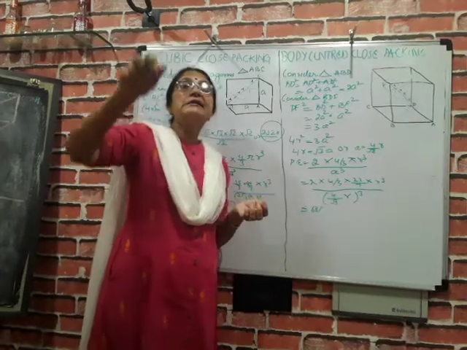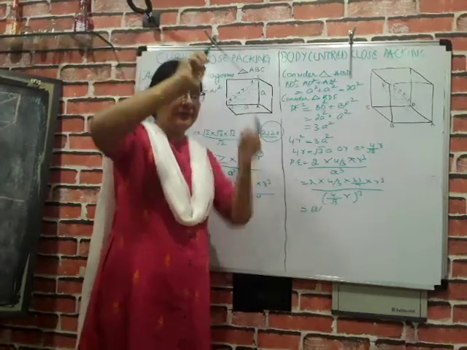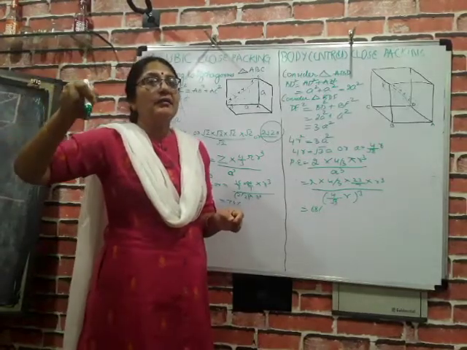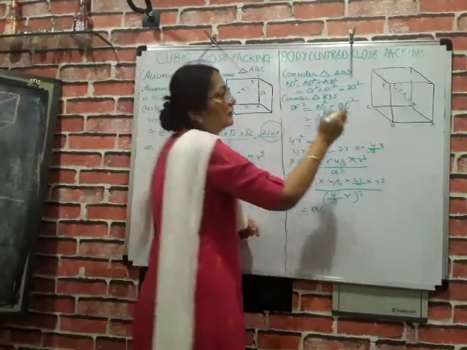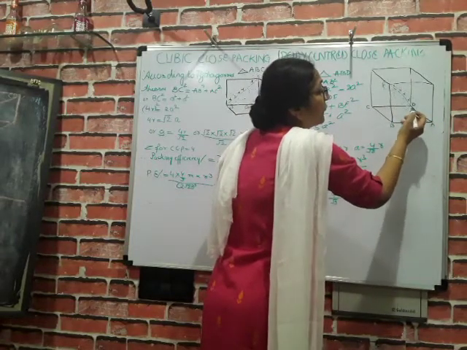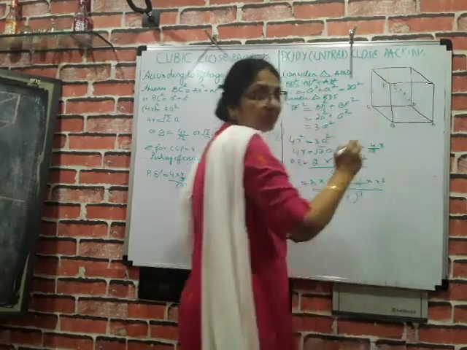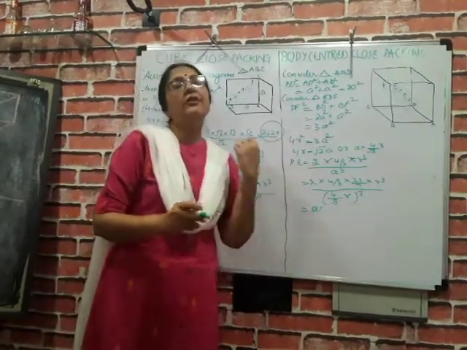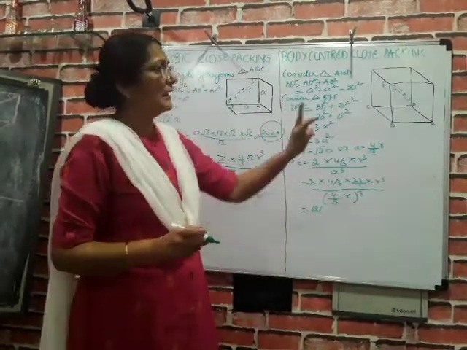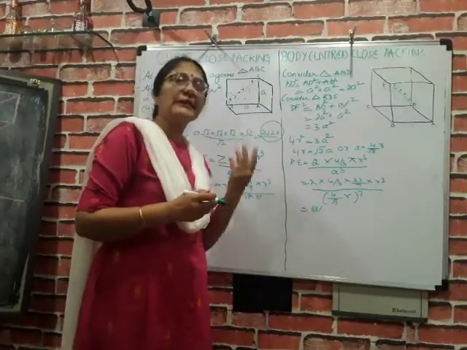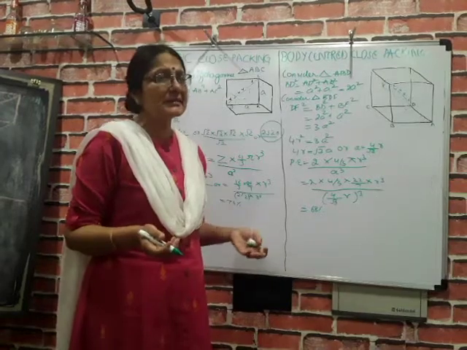If a particle is present inside the body, then the body diagonal will go from D to F. There are four diagonals, and you can assume any one of them. I have considered D and F. You can consider the other three diagonals also; the derivation will be the same.